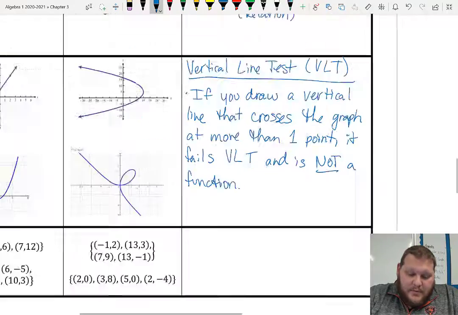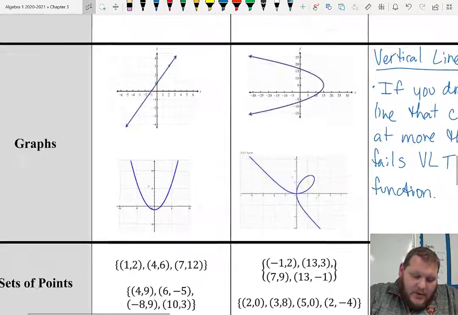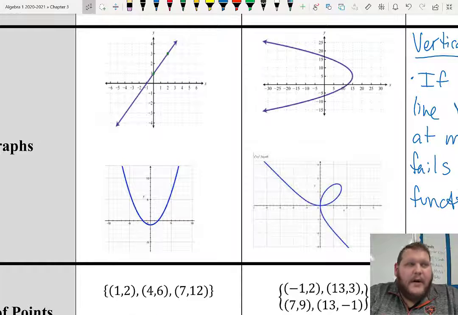So the way we'll do this, we'll take a look at our graphs. If we can draw a vertical line somewhere on our graph where it crosses my graph function more than once, then it fails the vertical line test and it is not a function.